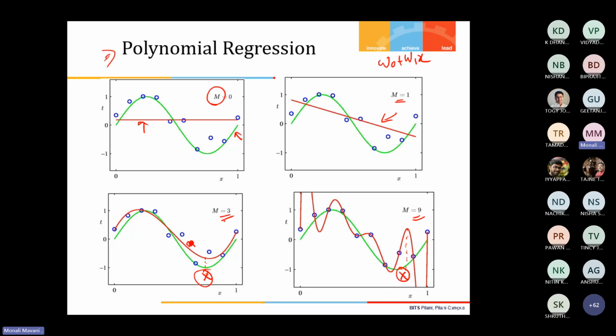So now we have to compare 3 and 9. 0 and 1 are out of the question. If the training error is high, your test error is never going to be low. The training error for 3 is low, and for 9 it is even lower, or I can say 0, because the curve passes through all the data points. But if a new test point comes, the error would be high in this case.